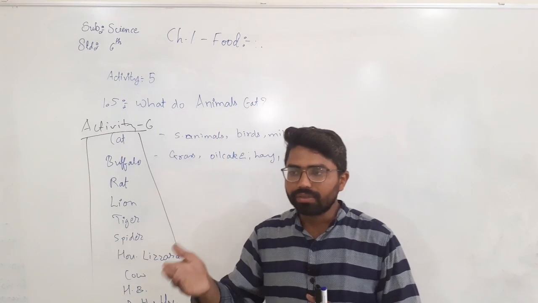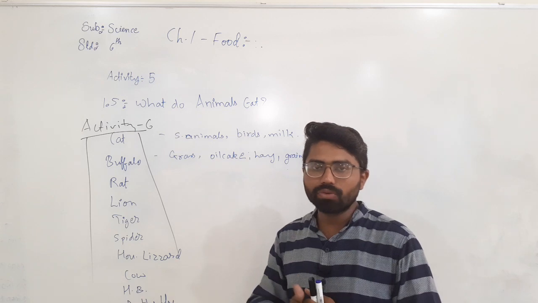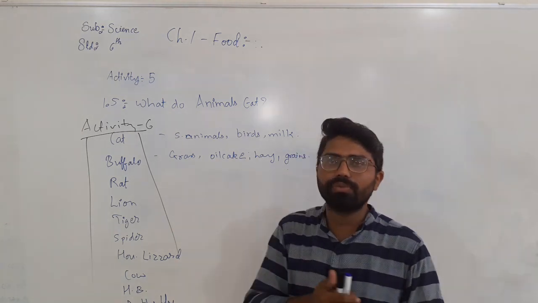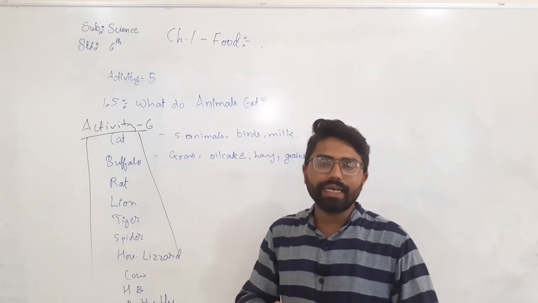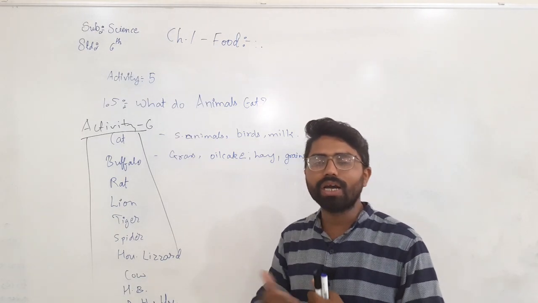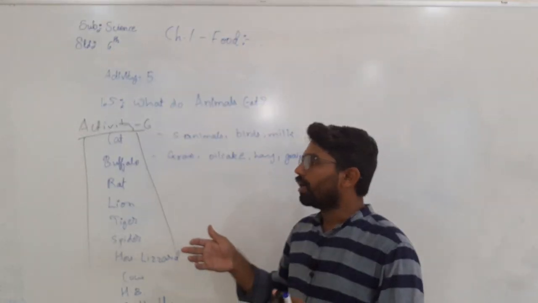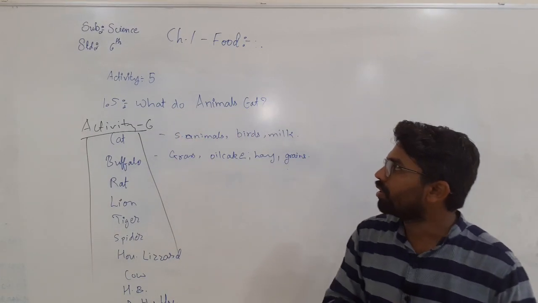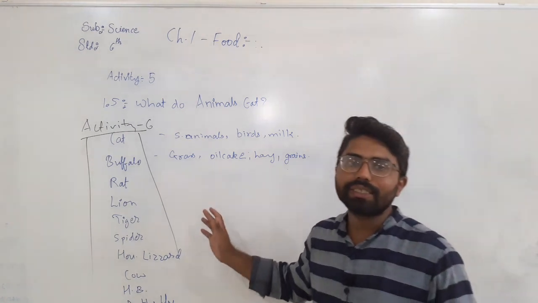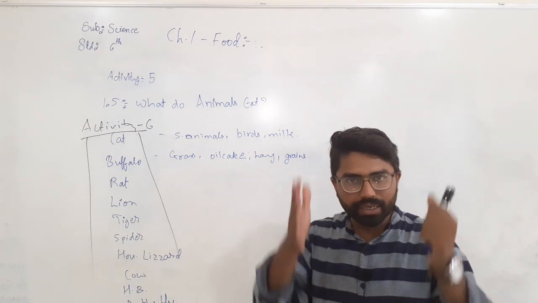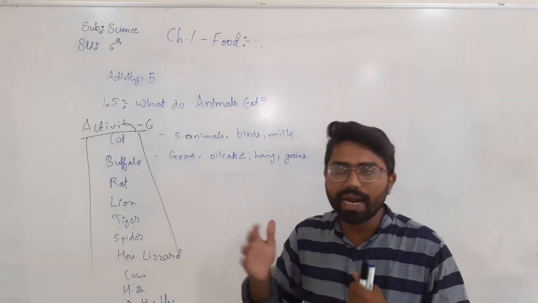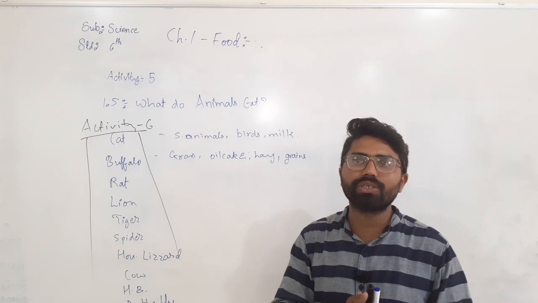Okay, then the next thing was the parts of the plants, and we have seen activity number 5, in which the moong and chana get sprouted. Then we had our 1.5, that is what do animals eat. In that we have seen activity number 6 in a tabular form, where all the animals and birds are given in this table and 1 or 2 examples are given to you.